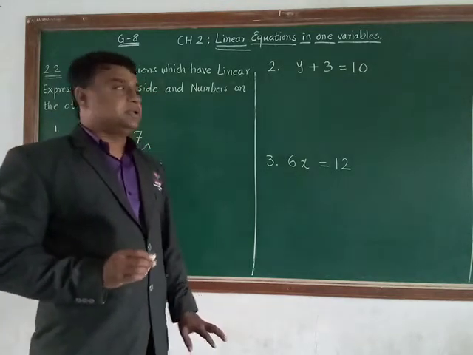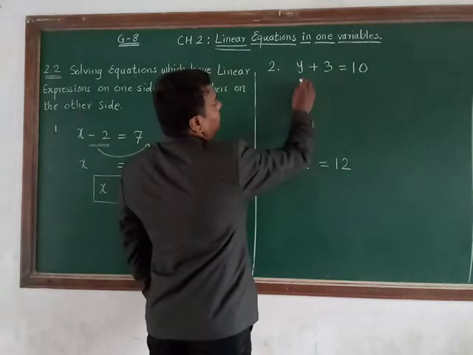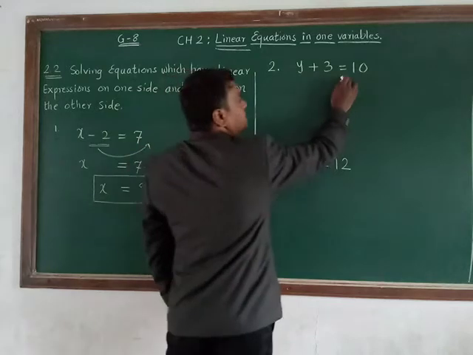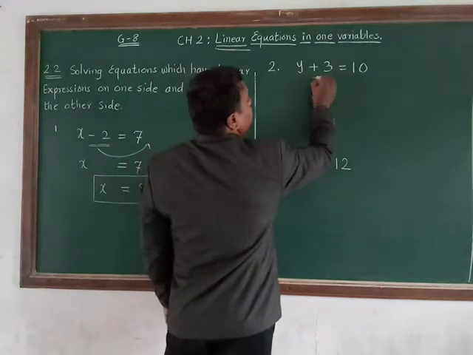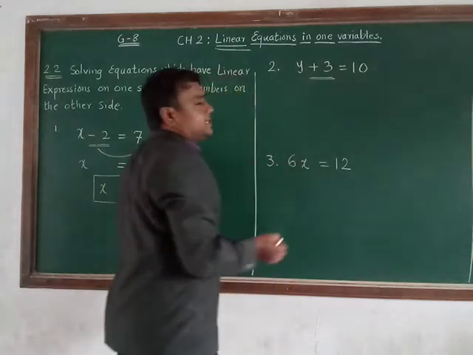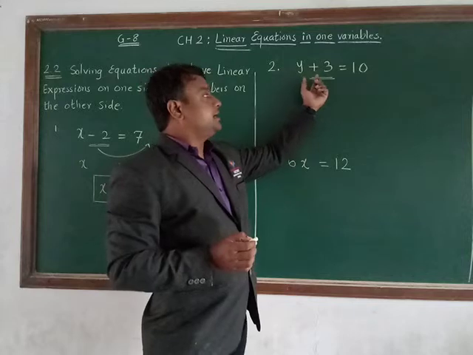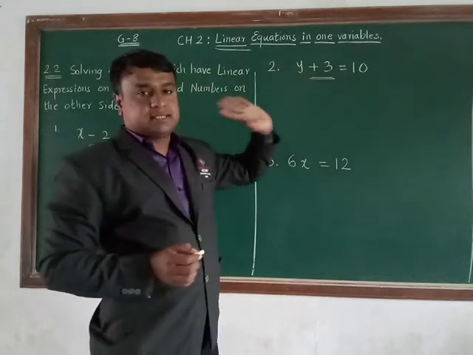In this example, as you can see, y plus 3 is our linear expression, and it is equal to 10 on the other side. Here we can see that there is a number, plus 3. So we have to transpose that number to the other side and keep the variable single.